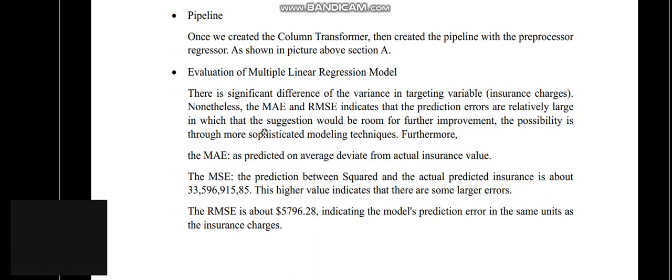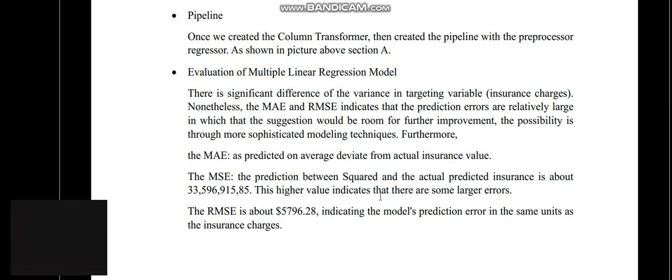What we give here is the answer, where we explain this. Okay? It is talking about MAE and RMSE. The MAE is how much the predictions on average deviate from the actual insurance value, and for the MSE, the difference between the predicted and actual insurance is a large number, 335969115.